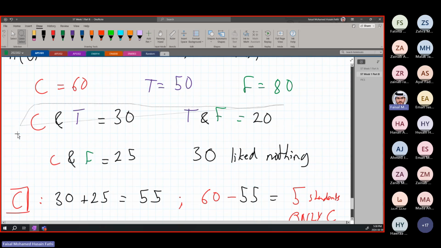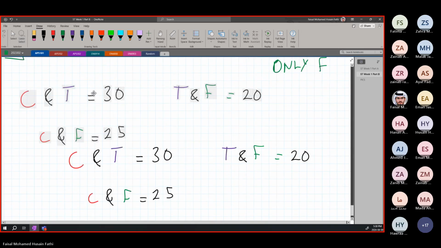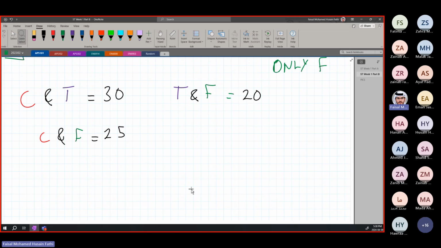Okay. So we have cricket and tennis equal to 30, tennis and football equal to 20, and cricket and football equal to 25. Then we know that these many people like 2 sports at the same time, but we need to know how many of them like 3 sports at the same time.